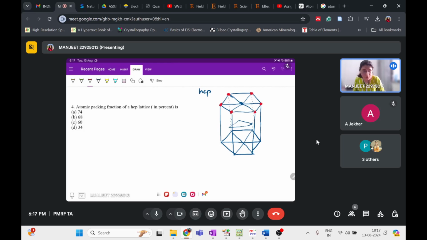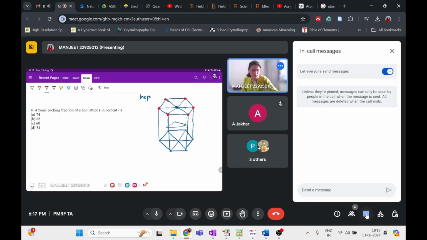Is it visible to you? So this is one lattice.